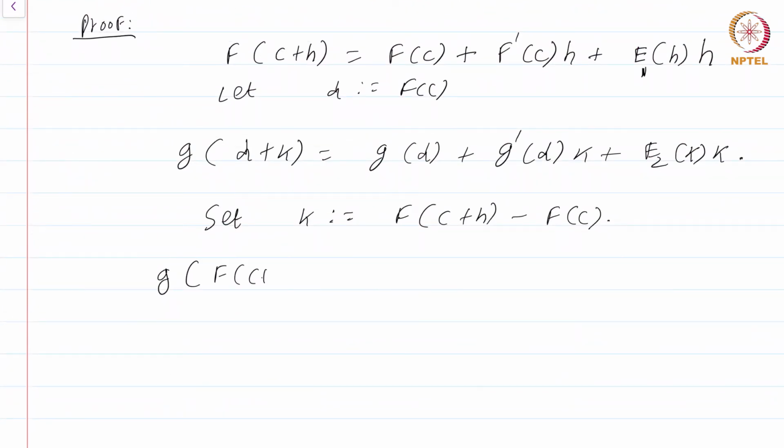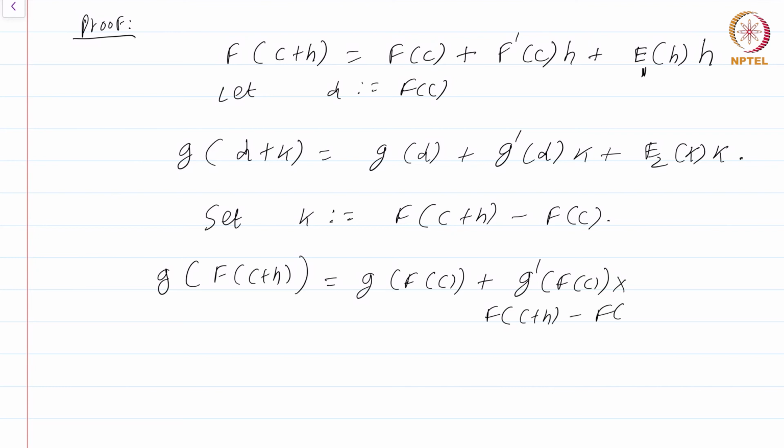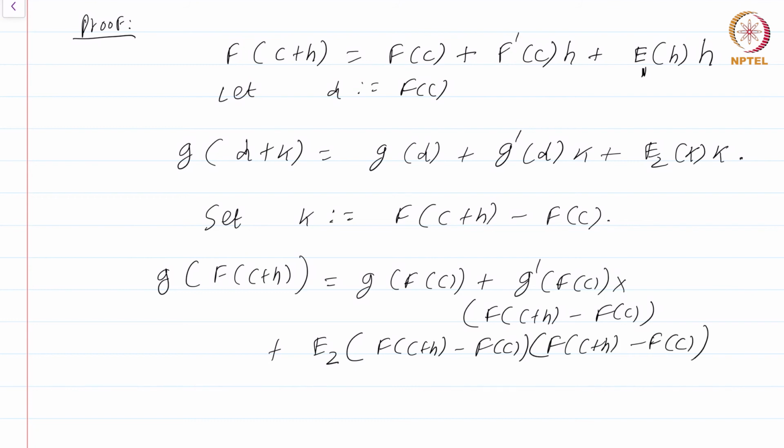f of c plus h, because k is f of c plus h minus f of c and d is just f of c, we get g of f of c plus h is equal to g of f of c plus g prime of f of c times f of c plus h minus f of c plus E2 of f of c plus h minus f of c times f of c plus h minus f of c. Okay.